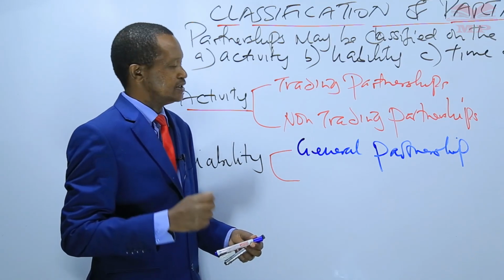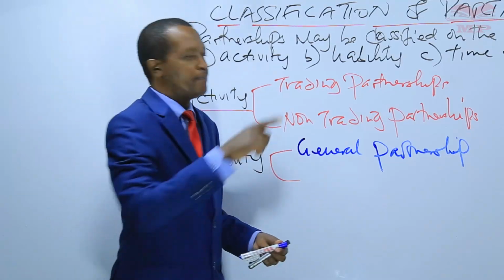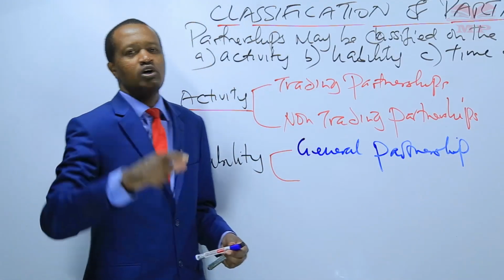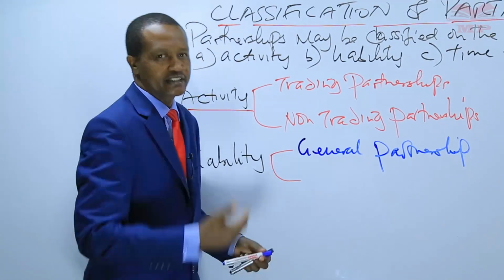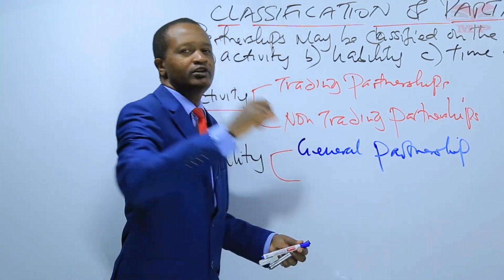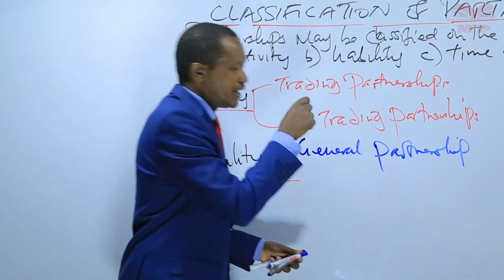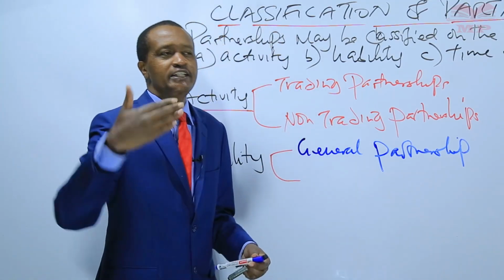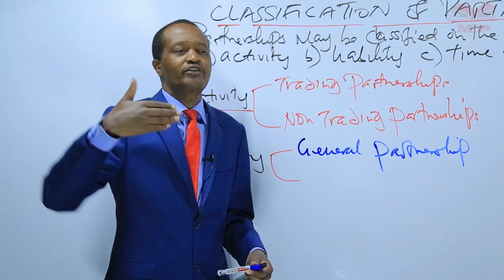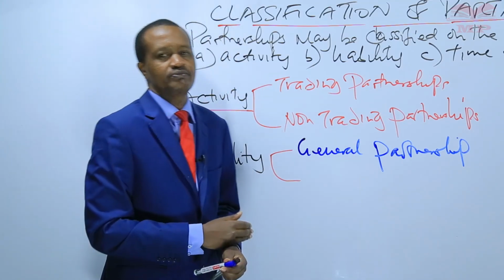I repeat. A general partnership is a partnership in which all the partners may publicly act on behalf of the business, and each partner may individually be held responsible for the debts of the partnership.